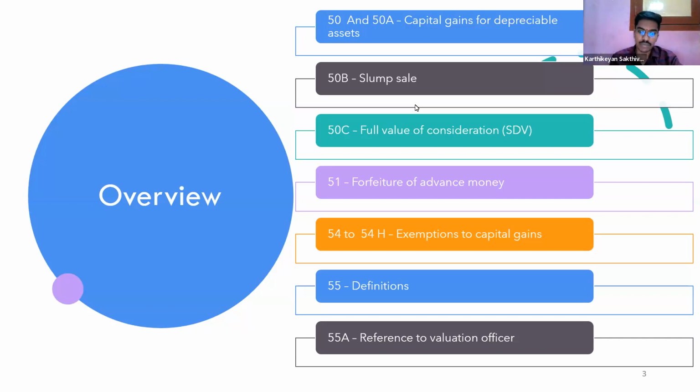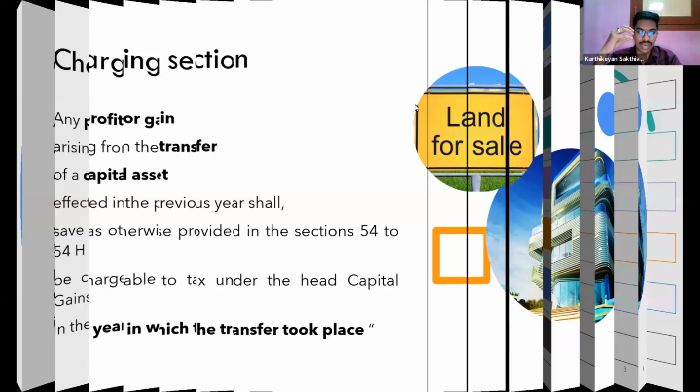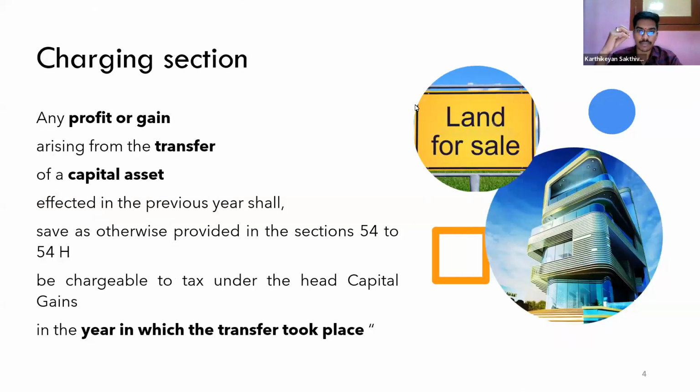Section 55 will speak about definitions and 55A will speak about reference to valuation officer. One important aspect of the chapter of capital gains is that capital gains is the only head of income wherein you will be taxing capital receipts. Until a specific charge is created, capital receipts cannot be charged to income tax.